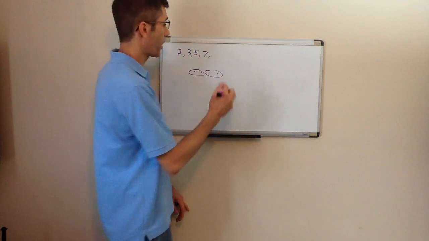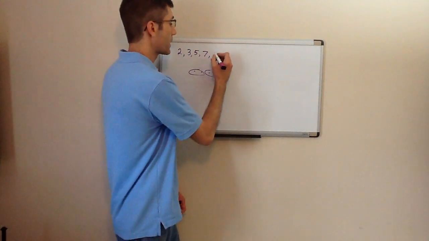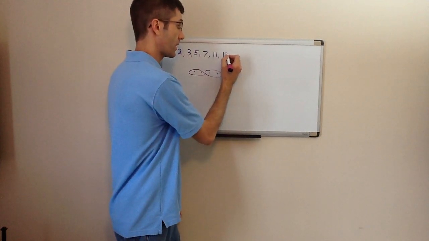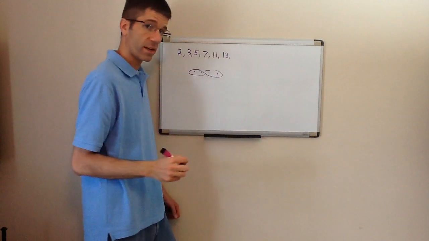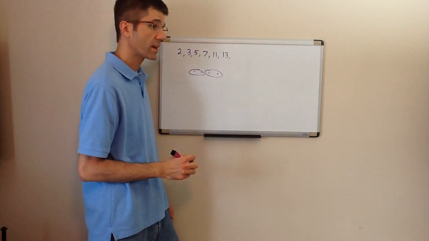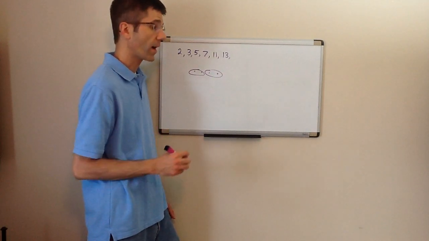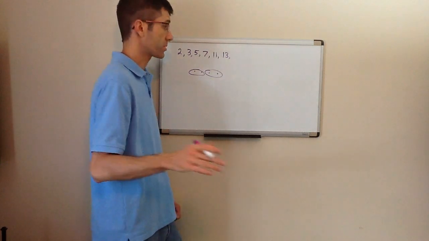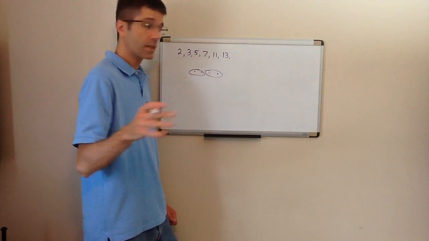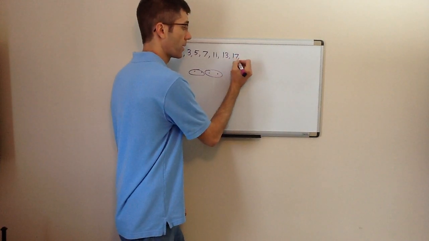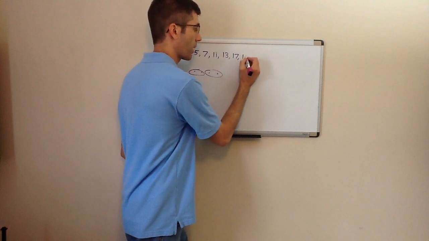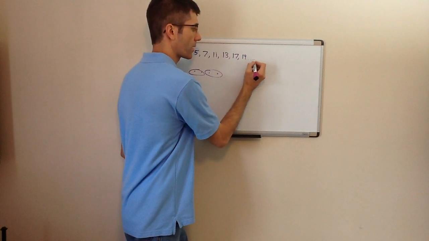So 9's not prime, 10 is not prime, 11 is prime, 12 is not, 13 is, 14, no, 15, no, 3 times 5, 16, no, there's a lot of options with 16, 17 is prime, 18 is not prime, 19 is prime. And we're going to continue on from there.